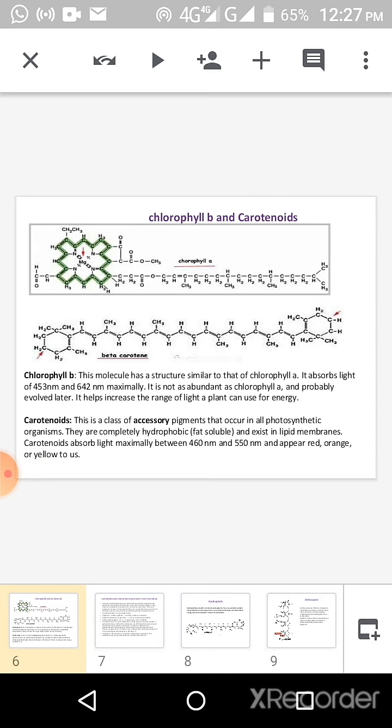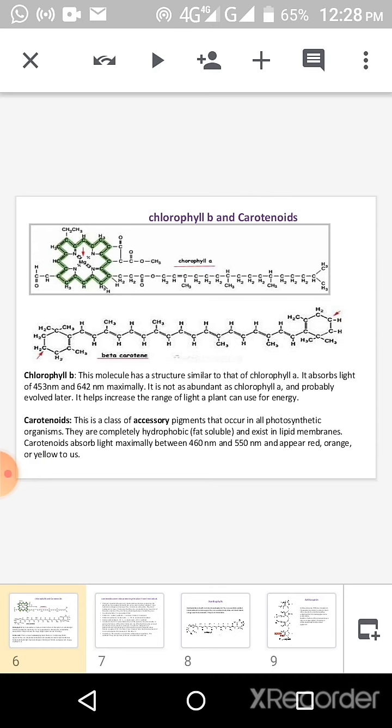Chlorophyll B has a structure similar to that of chlorophyll A. It absorbs light of 453 nanometer and 642 nanometer maximally. It is not as abundant as chlorophyll A and it probably evolved later. It helps increase the range of light that a plant can use for energy.